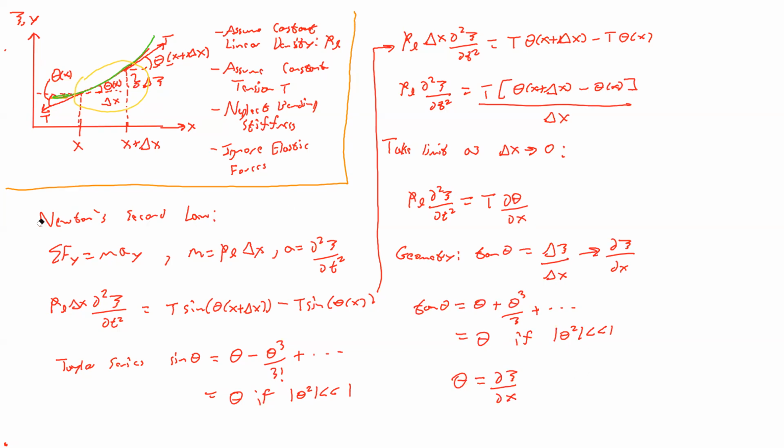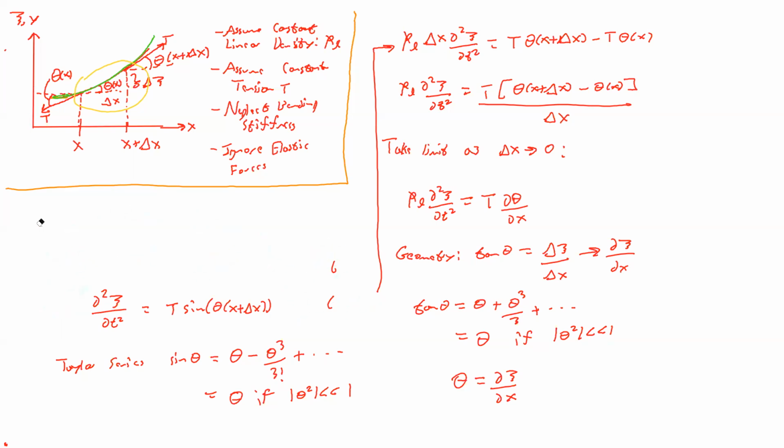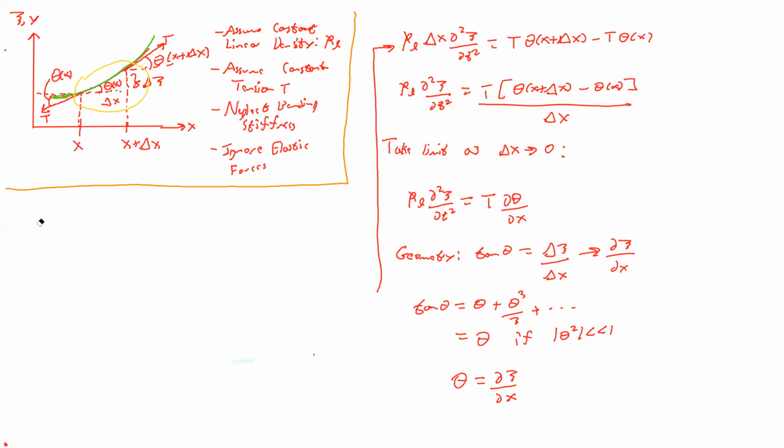Okay, so I'm going to erase here on the left because we need a little bit more space. Okay. So now let's plug this in right there. So we have linear density times the second derivative of position with respect to time.